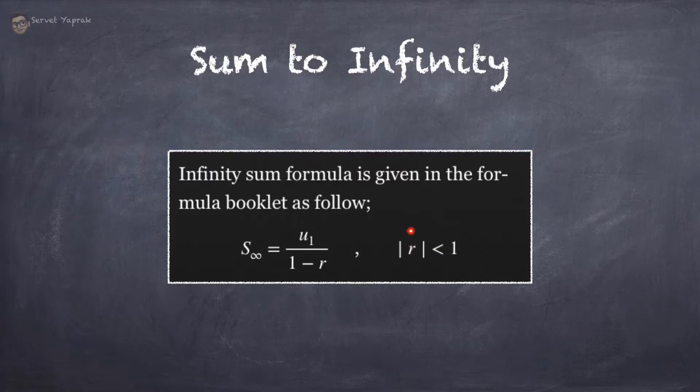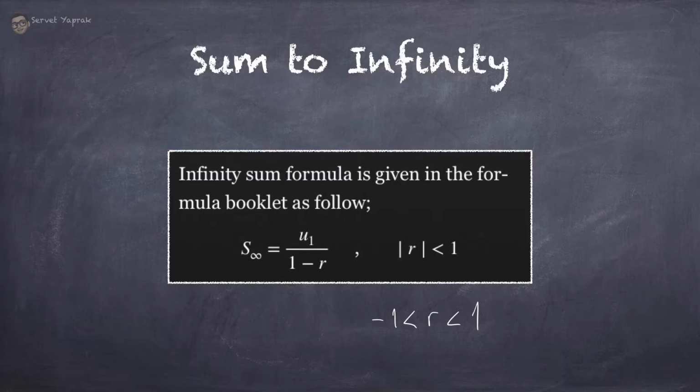The reason is it's actually greater than -1 and less than 1. In this range, it will always converge to an exact value. That's why if we have this common ratio, then we can use this formula. Otherwise, we cannot calculate sum to infinity because it will be divergent.